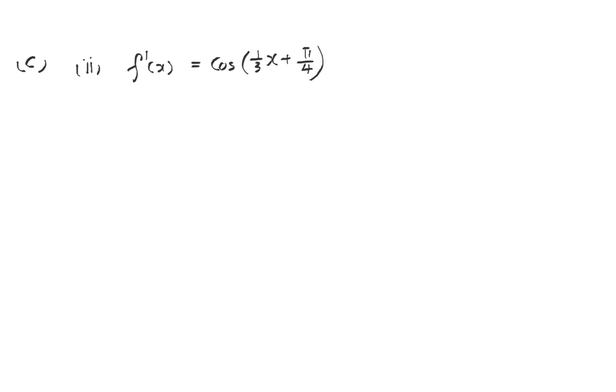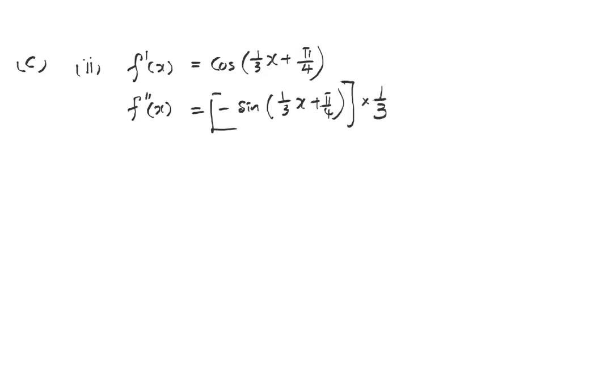Okay, so you differentiate cos, what do you get? You got negative sin. Write down the angle, times by the derivative of the angle.